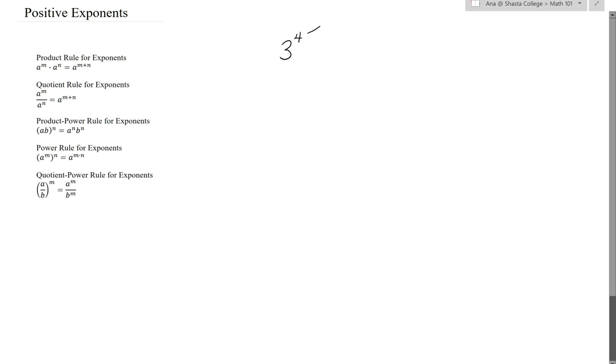The exponent tells us how many times we're multiplying, and the base tells us the number that we are using to multiply. So for instance, in expanded form, we have 3 times 3 times 3 times 3. This is expanded form. 3 to the 4th is exponential form.